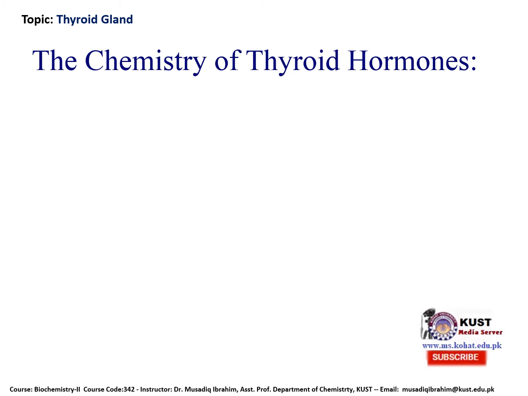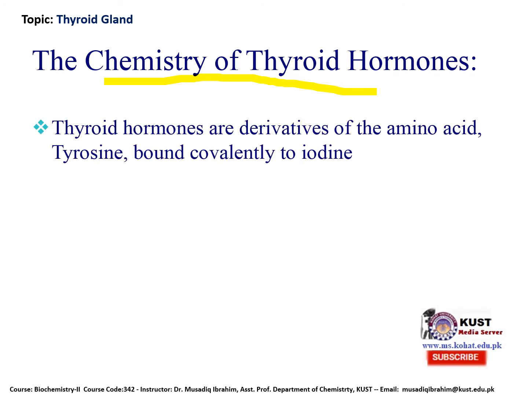So now moving towards the chemistry of the thyroid hormones, which type of molecules are they made up of? The thyroid hormones are derivatives of the amino acid tyrosine, and they are bound covalently to iodine atoms.